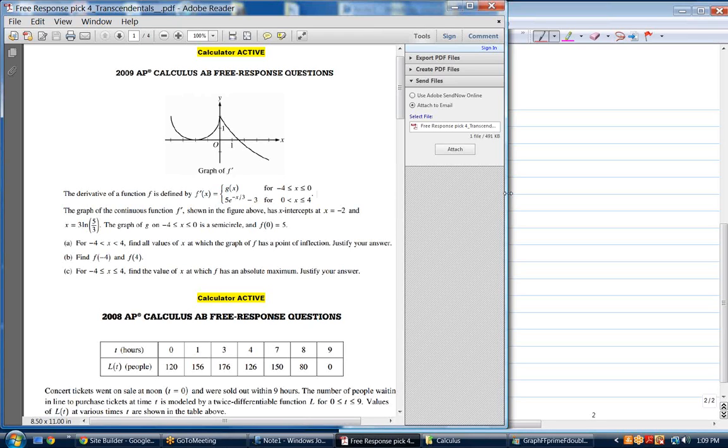Find all values of x at which the graph of f has an inflection. Oh man. It's a little difficult because notice that if we look at the graph, that's concave up everywhere. And that's concave up everywhere. So I don't see an inflection point anywhere here. Now, I suppose one could make the argument that that might be an inflection point.